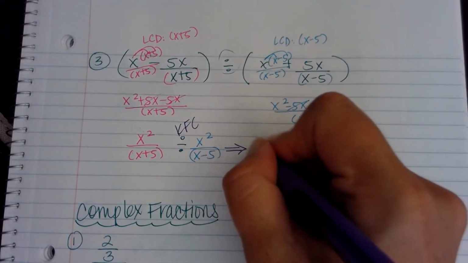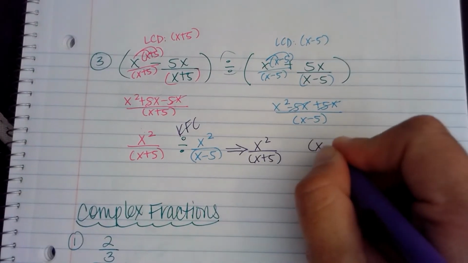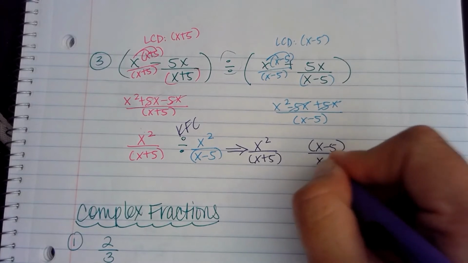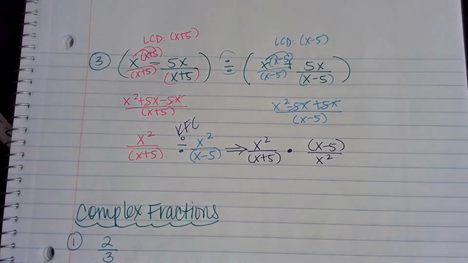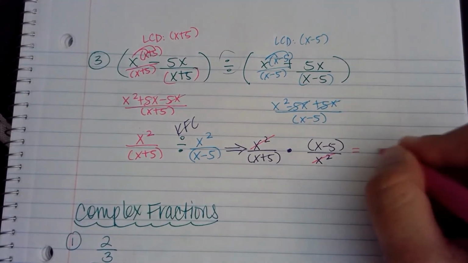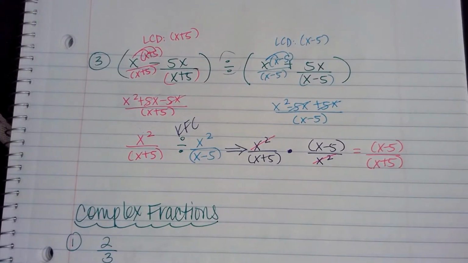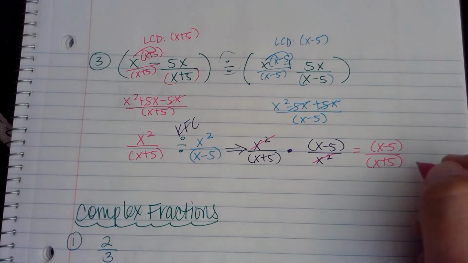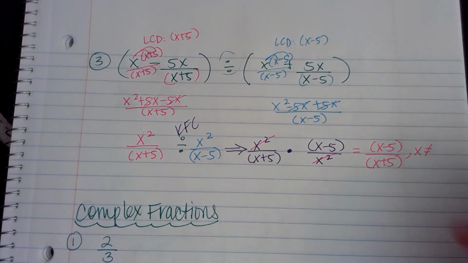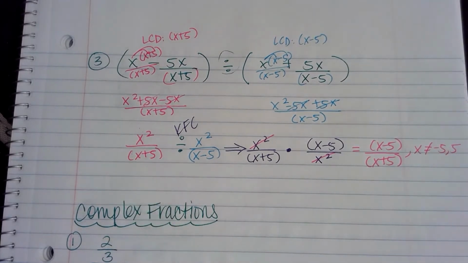So I would keep the first fraction, flip the second fraction, and change it to multiplication. Okay. And then from there, x squareds cancel, and I'm left with x minus 5 over x plus 5. And my restrictions are that x cannot equal negative 5 or positive 5, because we've got to look back at the original.